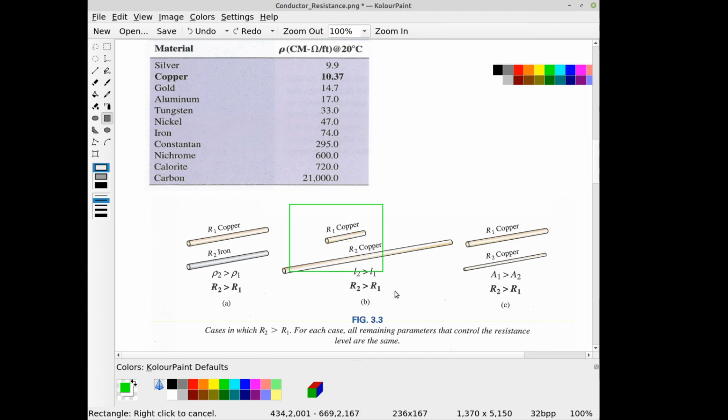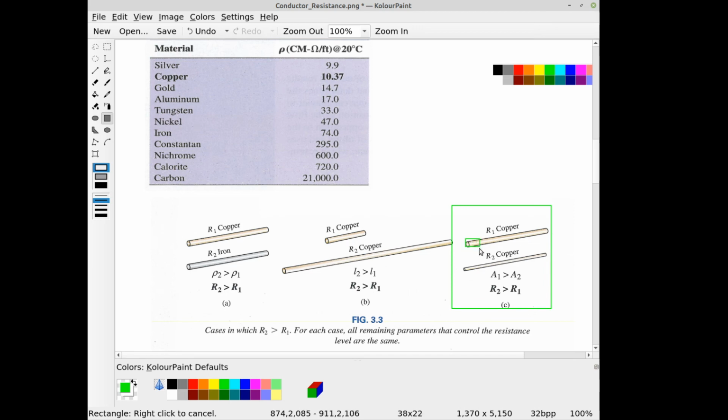If we look at the length, here we have an example of two pieces of wire that are both made of copper, but one has a much longer length than the other. So as the length increases, the resistance is going to increase. And then here we see the cross-sectional area.